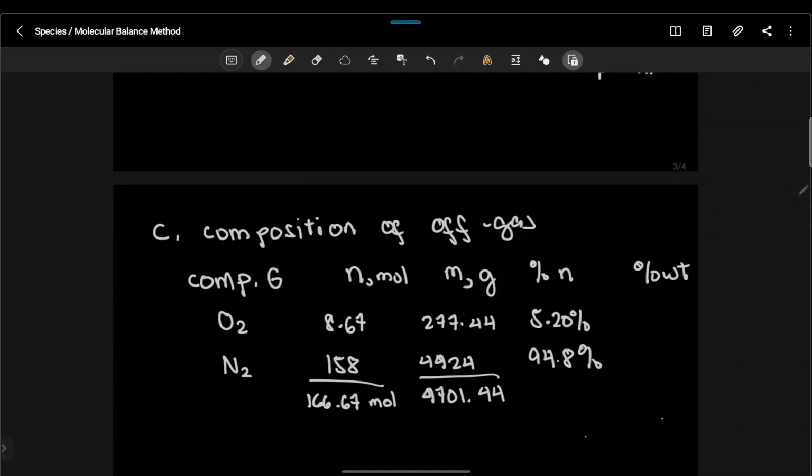Pero in terms of mass naman, it will become 5.90% by weight and 94.1% naman kay nitrogen. So that is how you solve a reactive process or a material balances involving reactive processes using the molecular balance method.